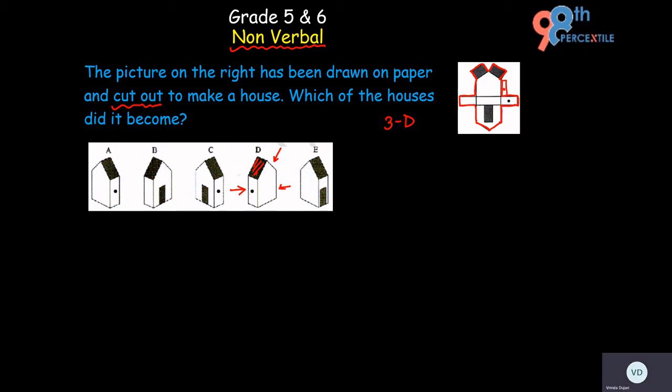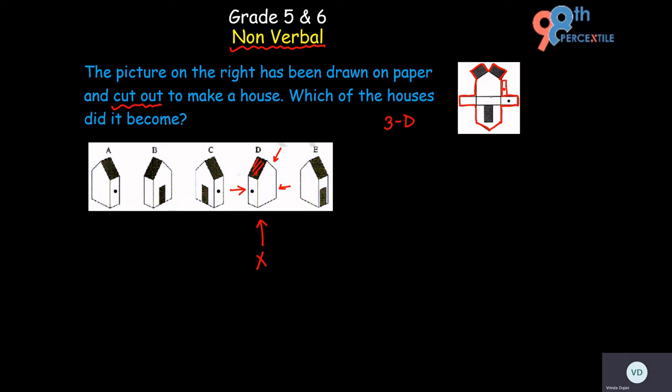So that means if I am keeping the side of the house which has no door in front of me, then the side on which there is a dot will go on right hand side. Now if I look at option D, if I'm keeping this side of the house in front of me, which has no door, then this dotted side is going on the left, which is not correct because we just saw that the dotted side will go on right.